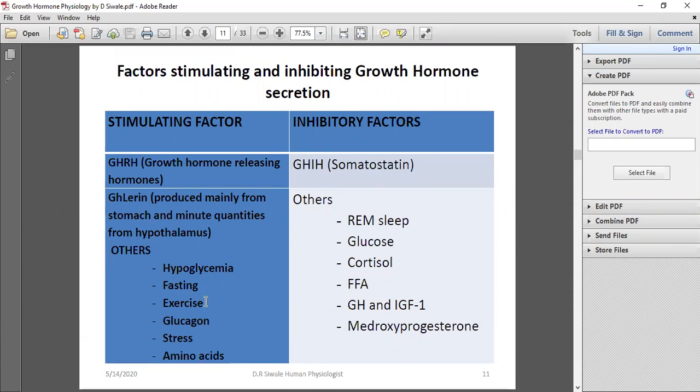You remember when you're doing exercise, you're putting your body under stress. Growth hormone is released. And even certain amino acids like arginine can stimulate growth hormone secretion. Lysine can stimulate growth hormone secretion. Estrogens, which are also proteins in nature, can stimulate growth hormone secretion. Anything else? Any questions?